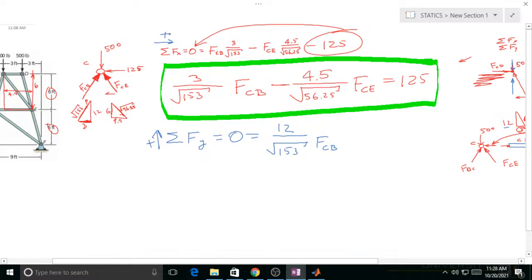The other one going up as well, and it's 6 over the square root of 56.25 FCE. And then I got minus 500. And what I could do is, using the magic of the pen, I'll just say it equals 500.